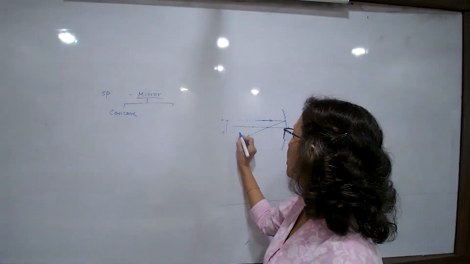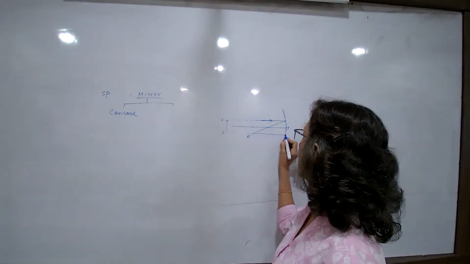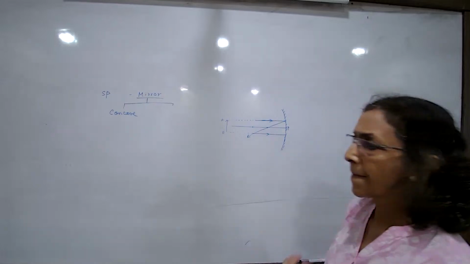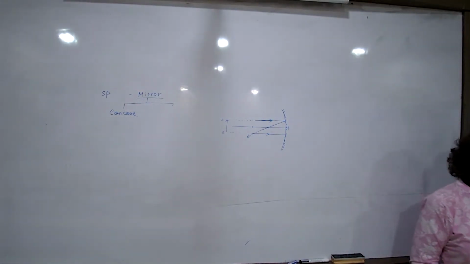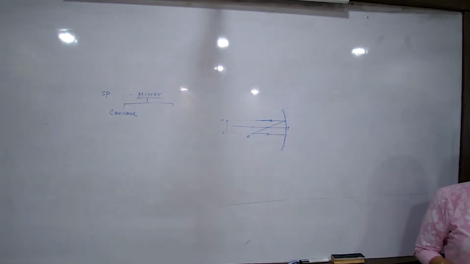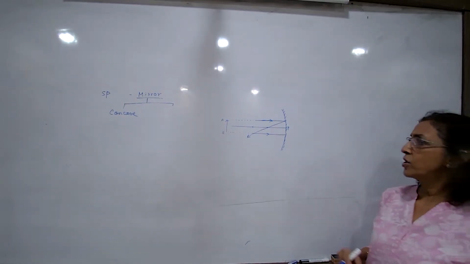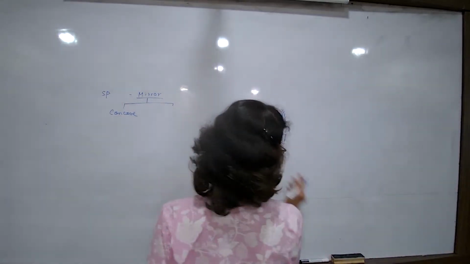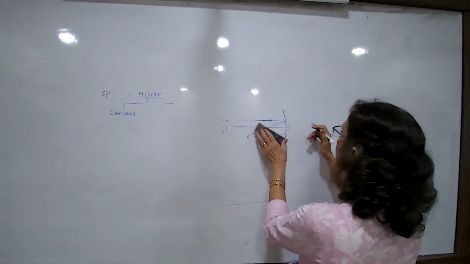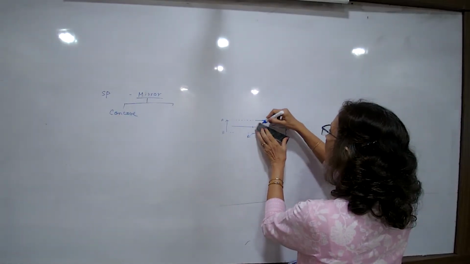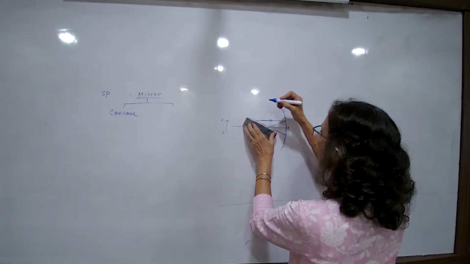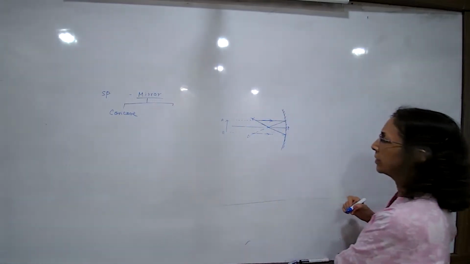Once again, show dotted line. Then you draw a straight line. We are taking another ray. We are just taking 2 rays, that's all. Out of the 4 rays, we are taking any 2 rays. After reflection, it passes through the focus.